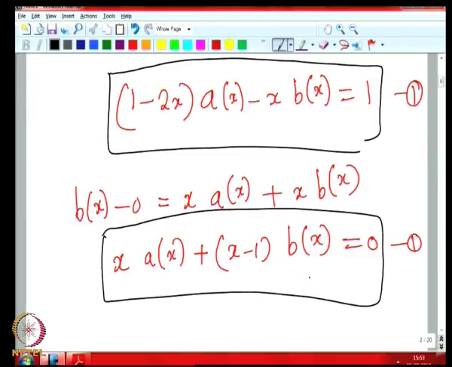Similarly, after getting A of x we can solve for B of x. So, I will leave it to you to figure it out. That way we get the generating function for A of x as well as B of x, right. So, this solves that.